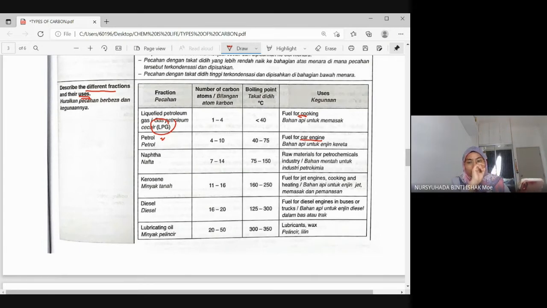V-Power kan, betul. Okey, memang kalau yang macam V-Power semua tu dia lebih smooth, lebih mahal. Sebab apa? Apa membezakan? Apa kandungan yang beza dekat dalam tu?